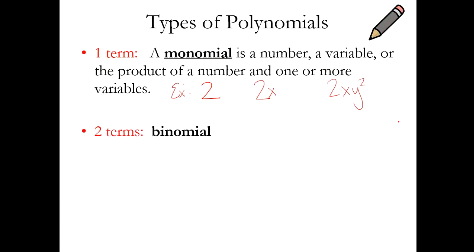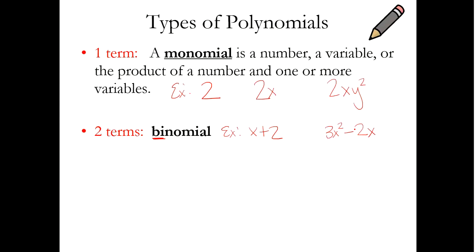A binomial is two terms, kind of like a bicycle has two wheels. A binomial has two terms. So a binomial would be an example like x plus 2. Notice there is a plus in there. It could be 3x squared minus 2x. Notice there are two things in here with a subtraction in the middle.